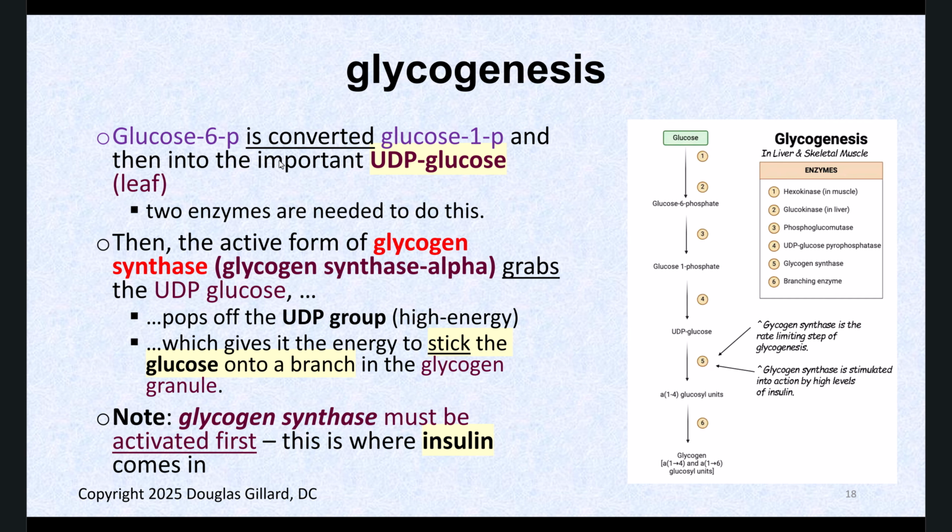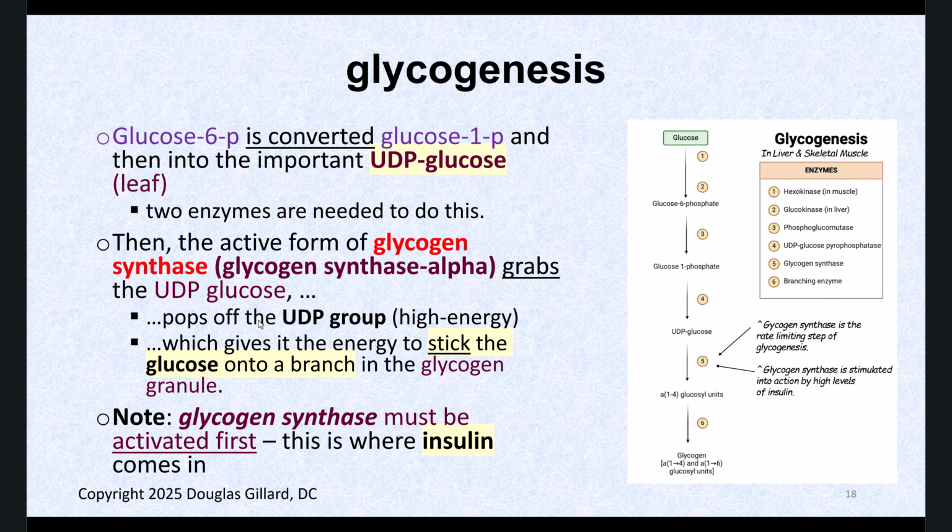Glucose 6-phosphate then is converted to glucose 1-phosphate. And then the glucose 1-phosphate is converted into the important one, called UDP glucose. So glucose 6-phosphate morphs into glucose 1-phosphate. Phosphoglucomutase is the enzyme that does that.